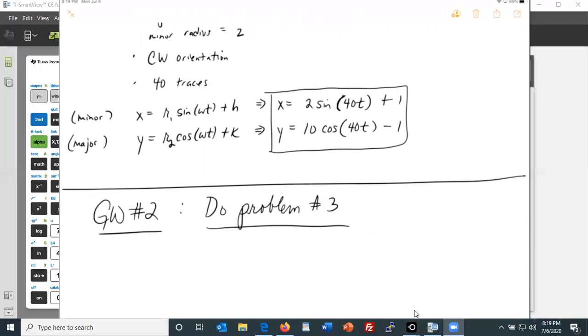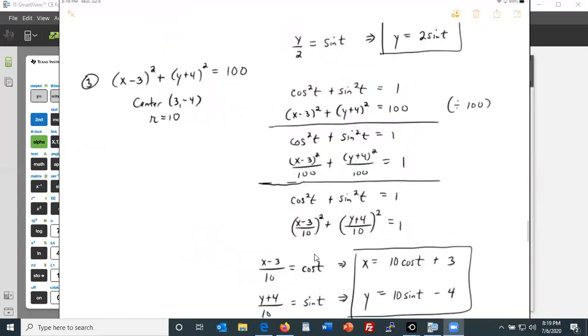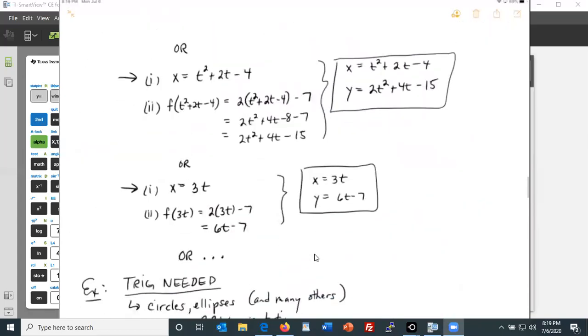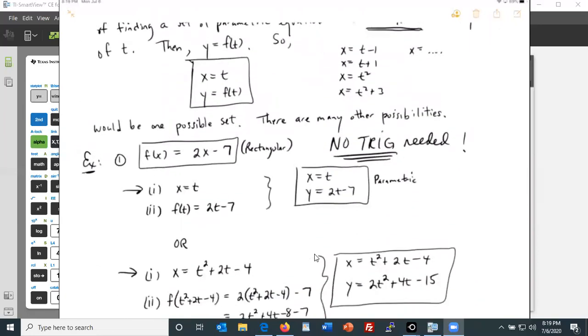Problem A is going to be like way back here, long before trig was needed, to right here. Remember the part where I said no trig was needed?